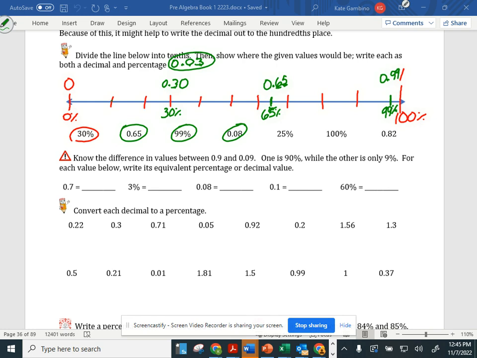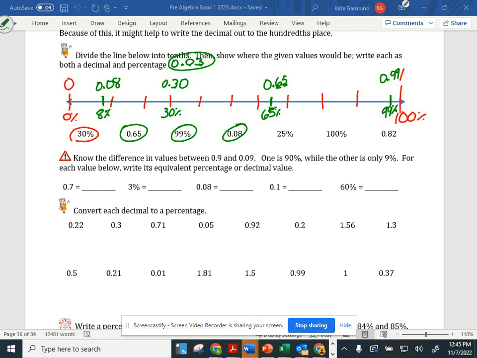Yeah, so we have the first tenth is right here. It's going to be right before that. 0.08. So what percentage would that be, Emmeline? 8%. Because it's 8 hundredths, it would be 8%.